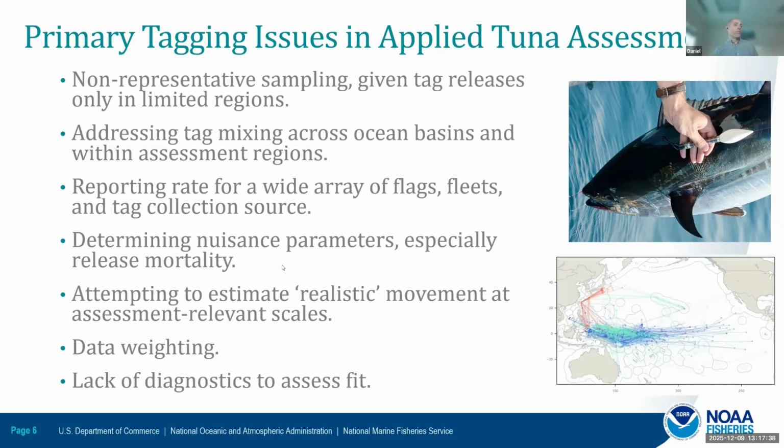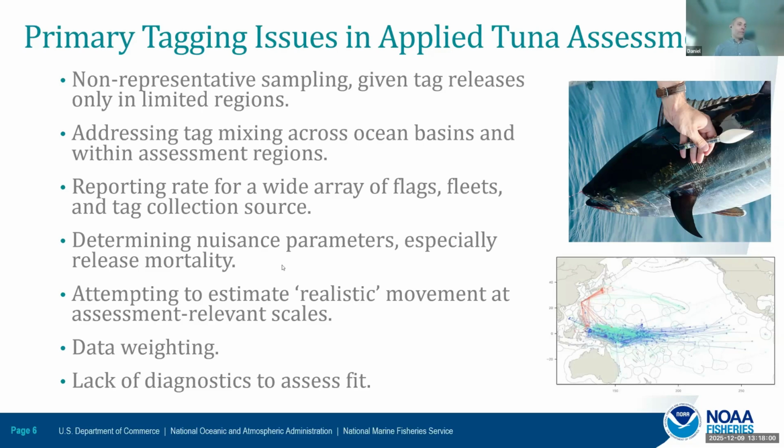And then just generally, I think these are issues for all data sources, especially in the spatial models, is data weighting. We have this new, I won't say new, but different data source that not everyone in the assessment world uses. So when you start thinking about weighting across all these data sources, how do you deal with that for tagging data?